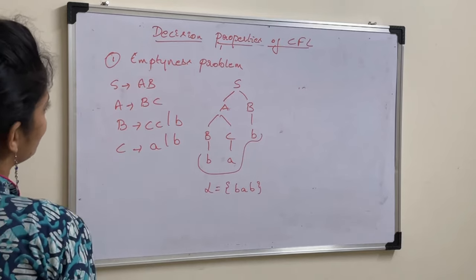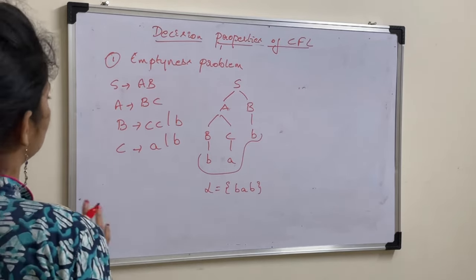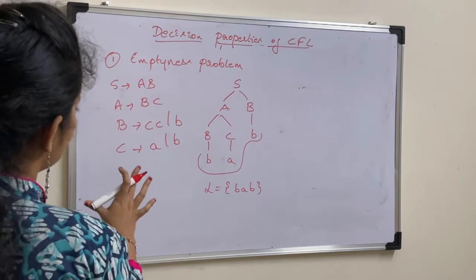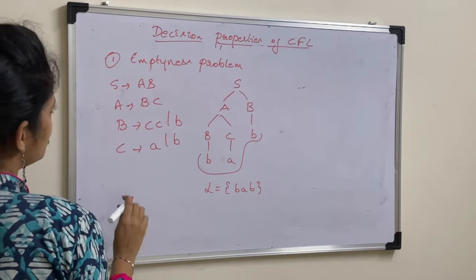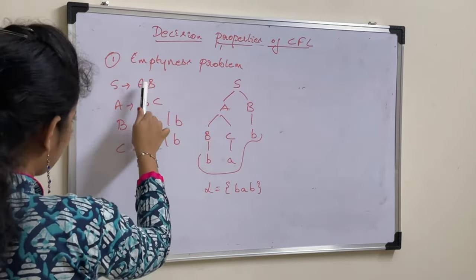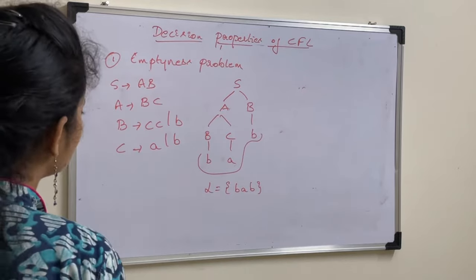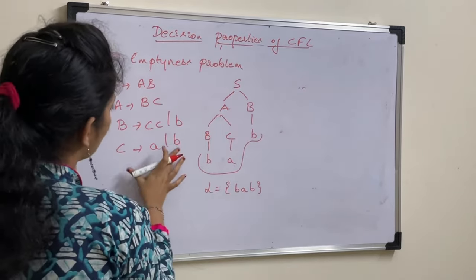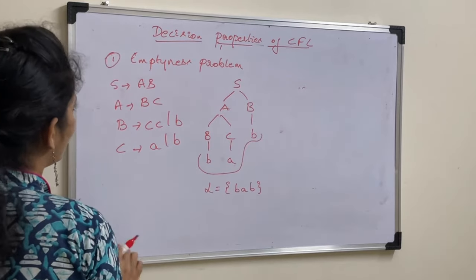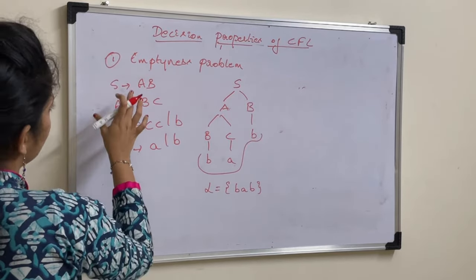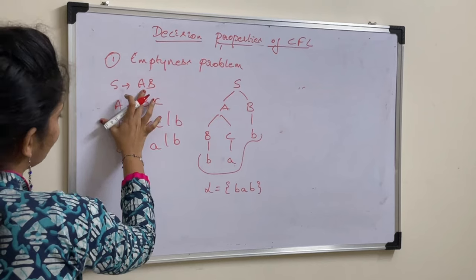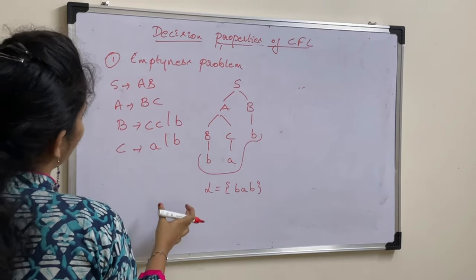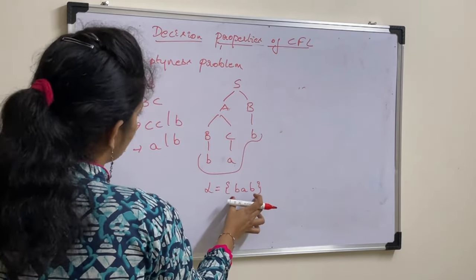So this is about the emptiness problem. Let us just revise this. What is step 1? You need to check whether the start symbol contains any useless productions. If it contains useless productions, then that grammar will definitely generate an empty language. Whereas if it does not, then it will generate some set of strings.